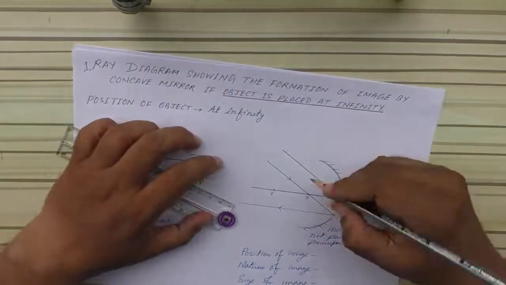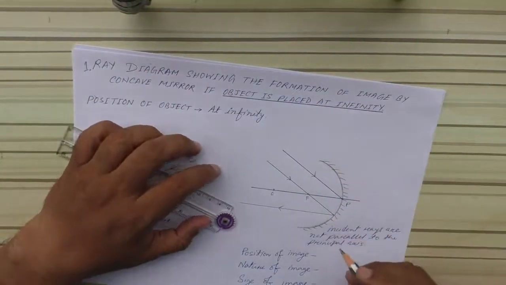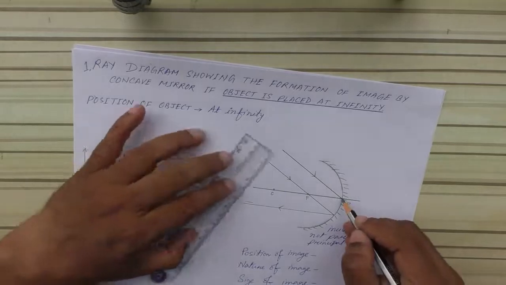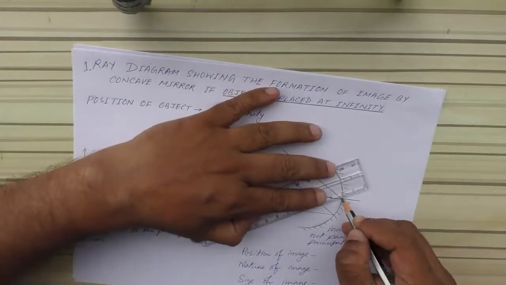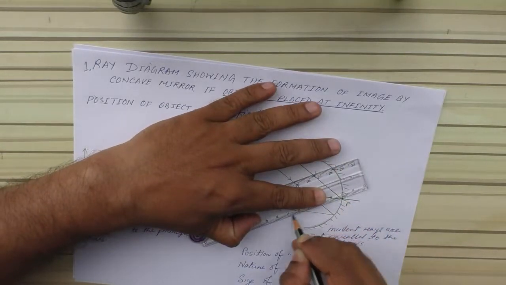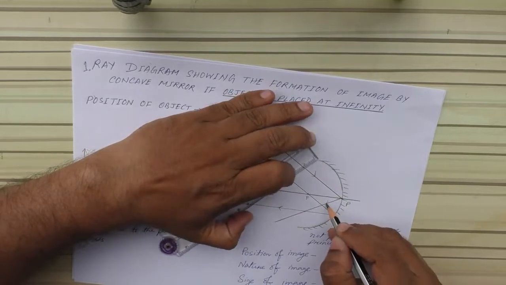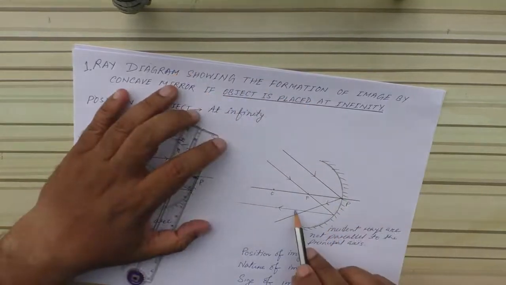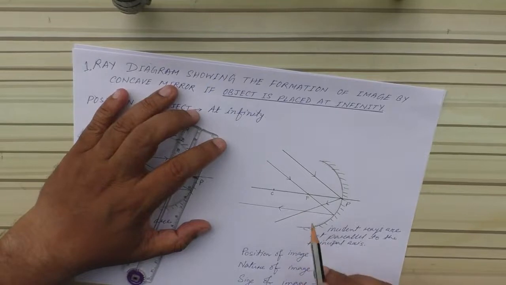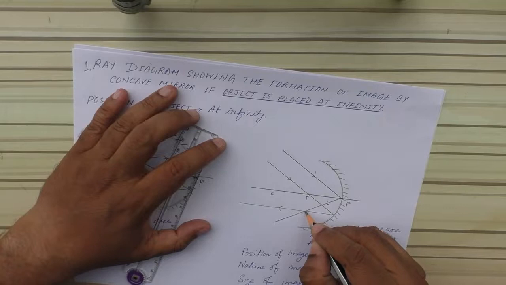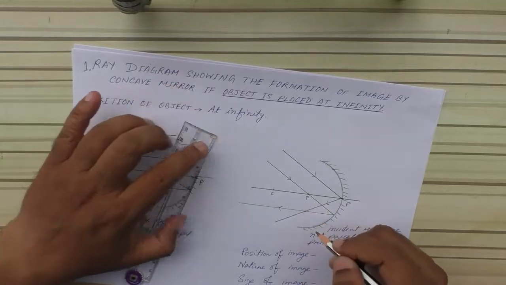This light ray is incident at the pole, and after reflection it intersects the reflected ray, this one, at this point. You can see that I have already marked this point for convenience, so that I can pass this light ray through this point, so that the intersection takes place exactly at this point.